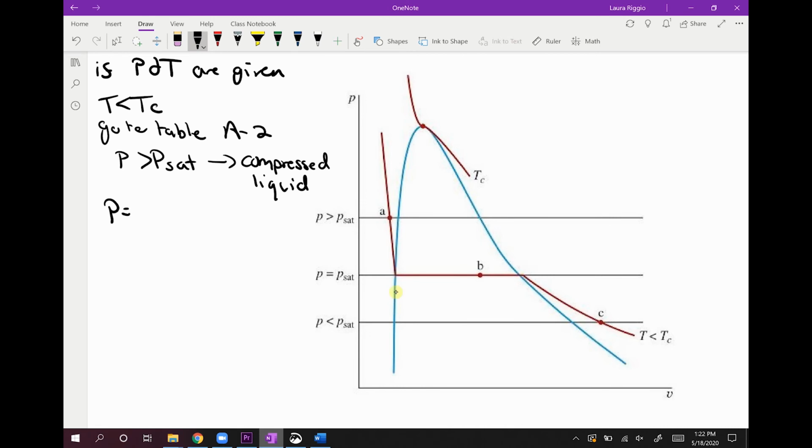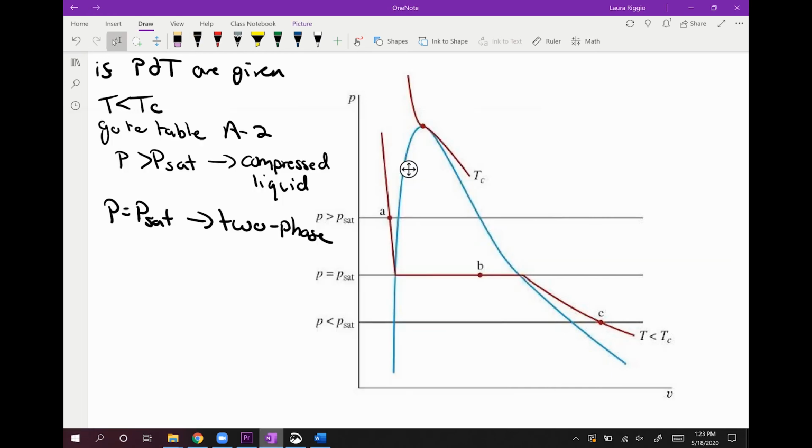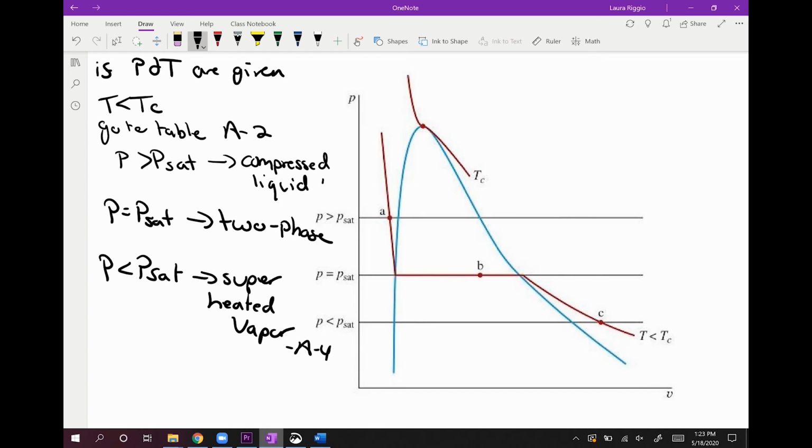If my pressure is equal to my saturation pressure, I'm in my two-phase region, and I'm going to require a second piece of information to be able to fix my state. If my pressure is less than my saturation pressure, I am a superheated vapor, and I can use table A4. If I was a compressed liquid, it'd be table A5.